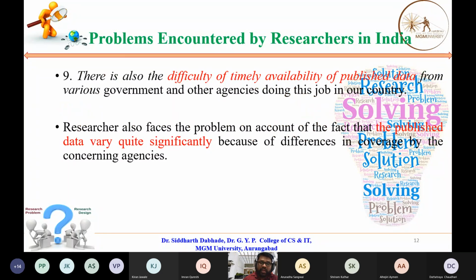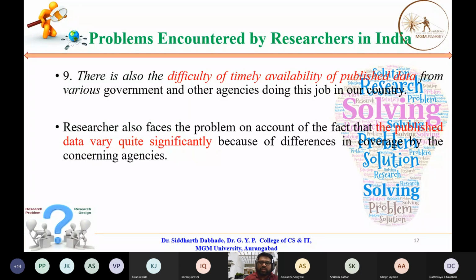Then the ninth point is the difficulty of timely availability of published data. I have already mentioned that. If we want to get an IEEE research article, or Elsevier, or Scopus journals, a subscription is required.